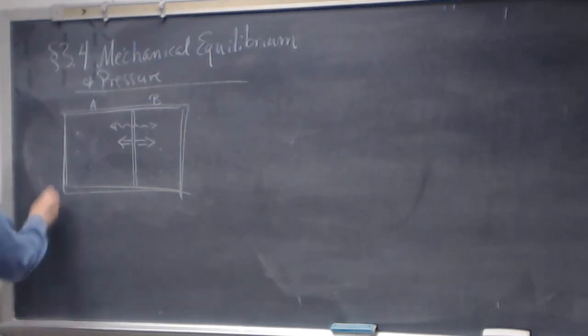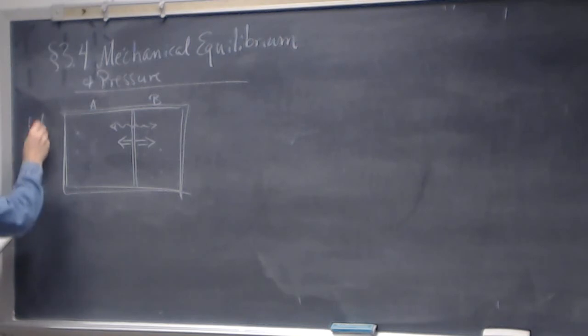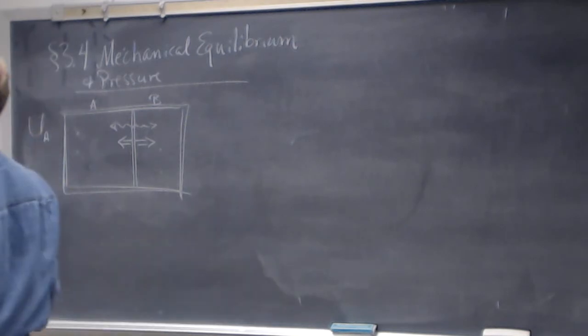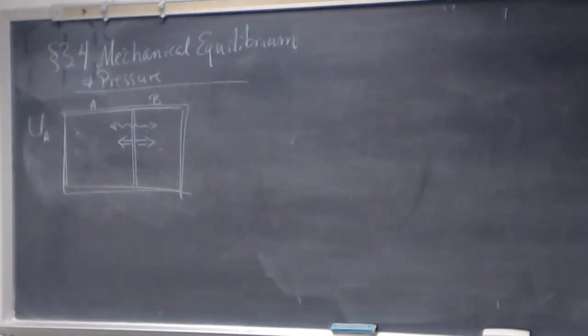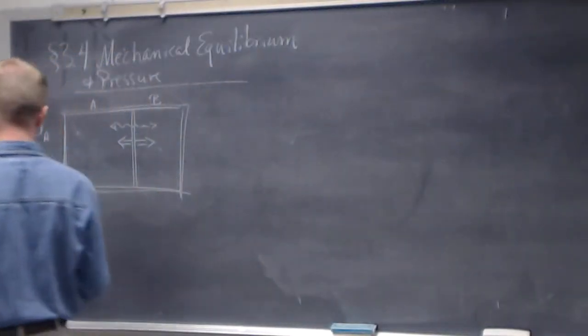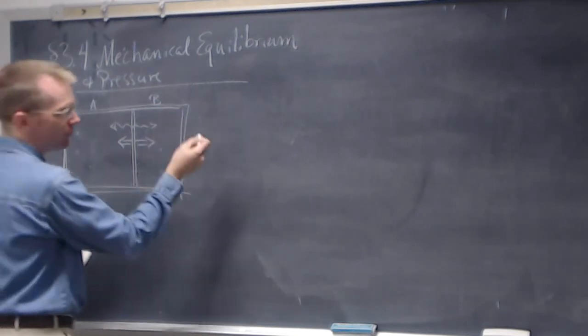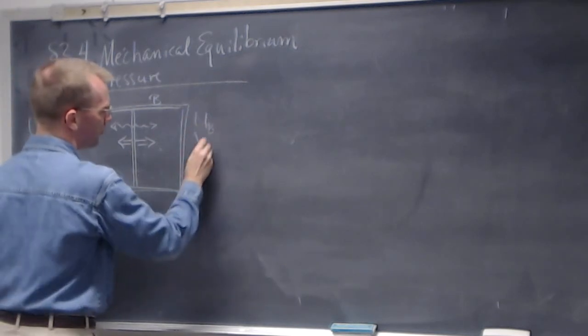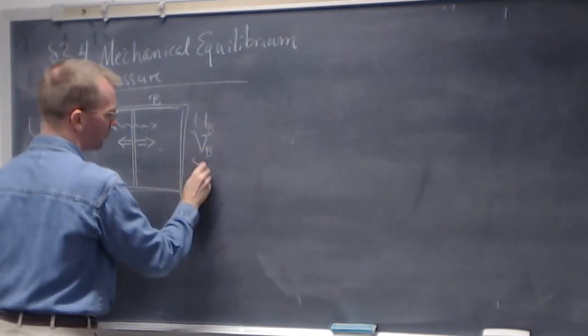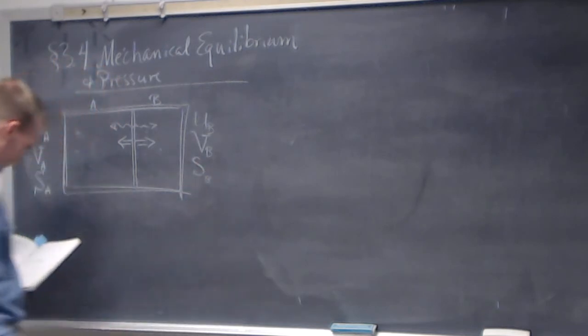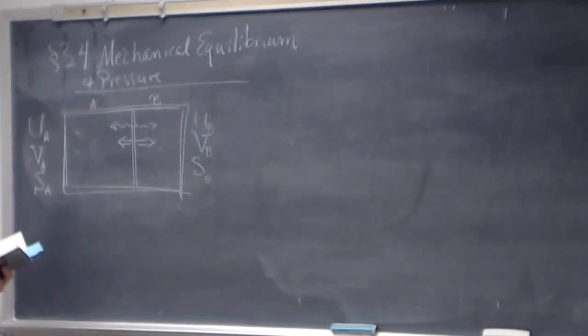Okay, so we have the energy of part A, the volume of A, and of course the entropy of A. Same thing for B.